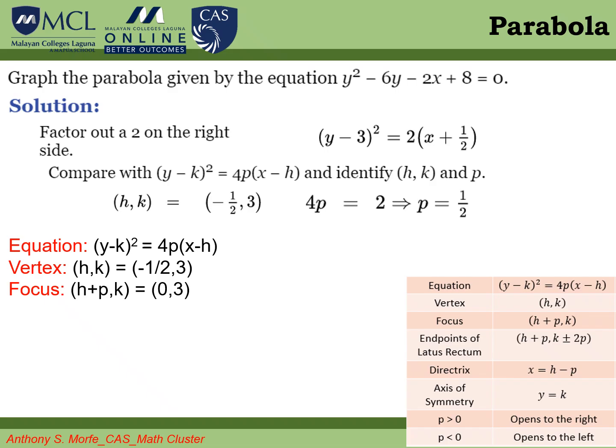Okay, and then next, the ends of the latus rectum. This is the formula: (h plus p, k plus or minus 2p). So h plus p: h is negative 1/2 plus 1/2, that is also 0. Then 2 times p. Our p is 1/2, but we still have k here. So 2 times 1/2 is 1, plus k. k is equal to 3.